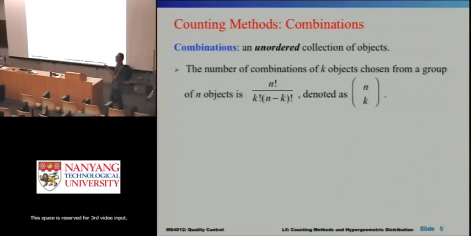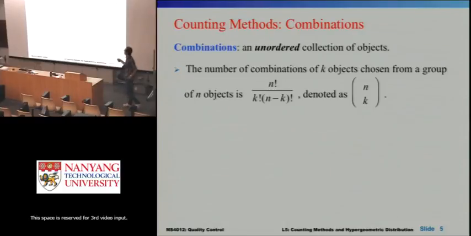So back to the previous example, when the rest doesn't matter, we divide by n minus k factorial. If the previous part also doesn't matter, then we divide by k factorial, right? So we just don't want to repeat counting certain combinations. In this case, no matter whether it is A, B, C, D, E or E, D, C, B, A, they are the same because the order doesn't matter. So we need to divide by another factorial, k factorial.